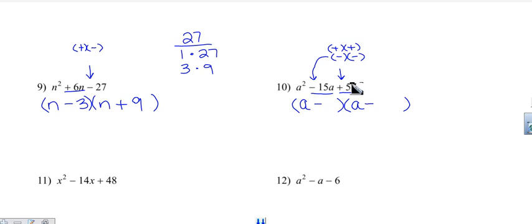Numbers that can multiply to 56. 1 times 56, I think those are too large. 2 times 28, still too big. 3 won't go into 56, so I'm going to skip over that. 4 will go into 56 14 times.